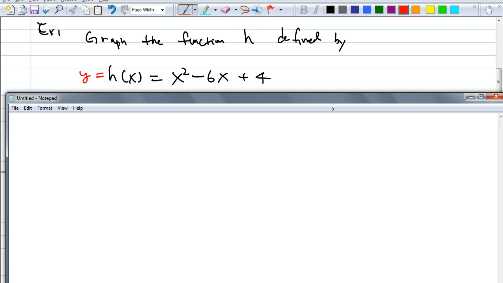Does anybody know what it's going to look like? It's going to be opening upward or opening downward? How about Victor? What do you think? Upward. It's going to open upward. Why do you say that? Because a is not negative. a is positive. What is your a, guys? 1. That's exactly right. You don't see the 1, but it's an invisible 1, right? It's positive. So it's going to open upward. You're right.